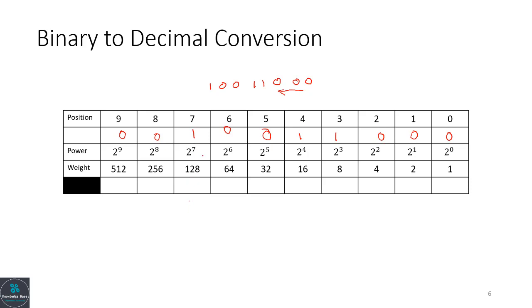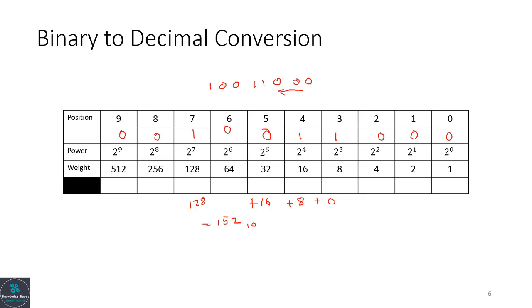So we have 128 plus the weightage 16 plus 8, then all are zeros. So, 128 plus 16 is 144, plus 8 is 152, right? So, we have verified that this is 152 in decimal.